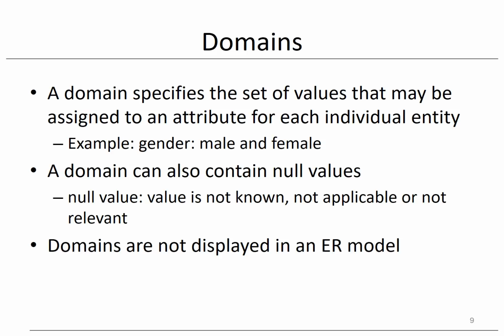A null value means that a value is not known, not applicable, or not relevant. It is thus not the same as the value 0 or an empty string of text. Think about a domain email address, which allows for null values in case the email address is not known. By convention, domains are not displayed in an ER model.